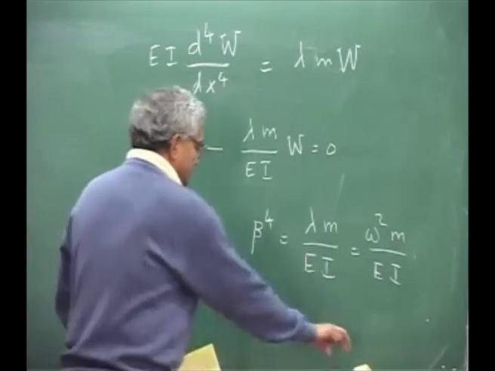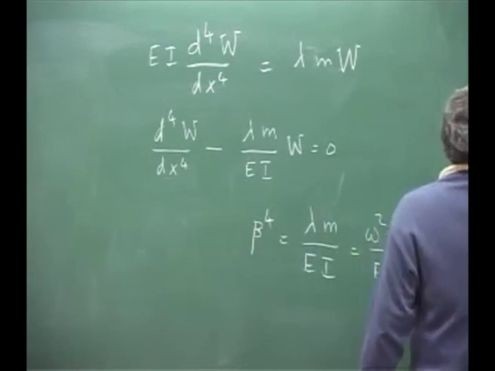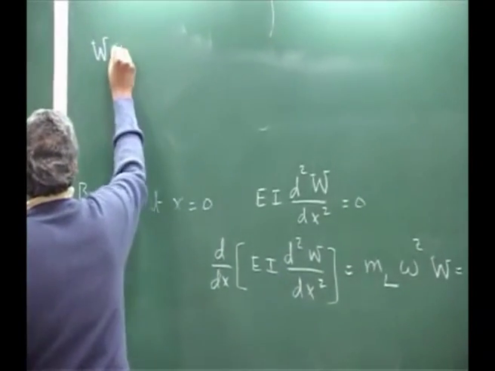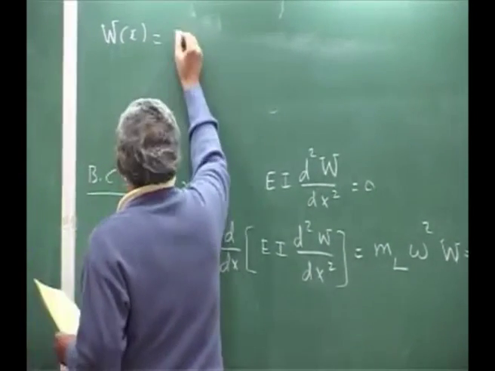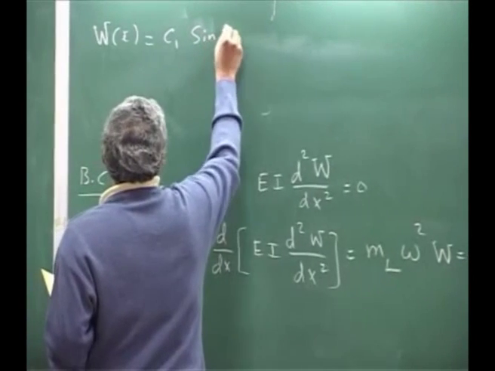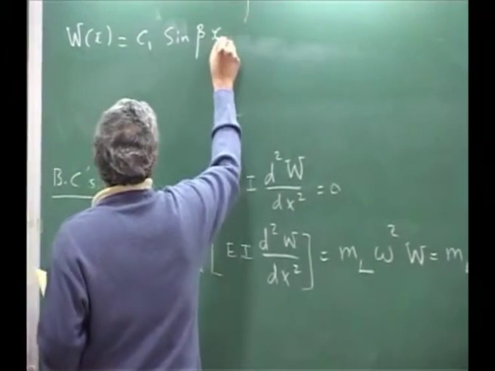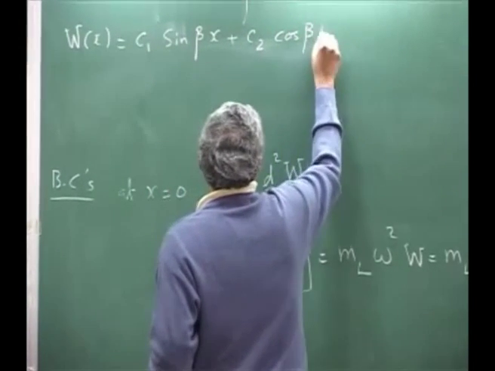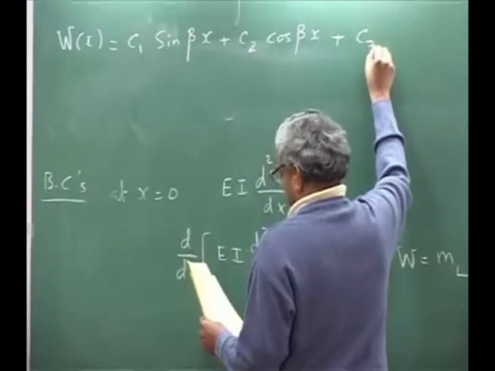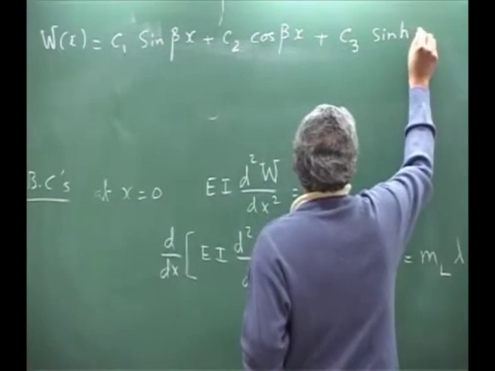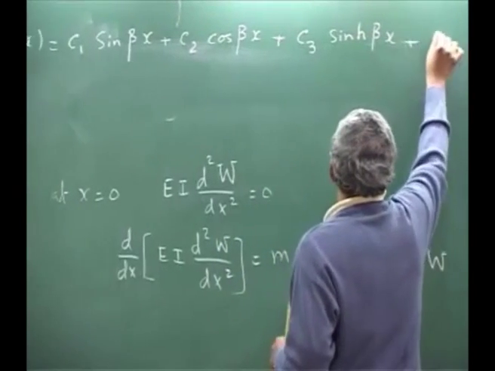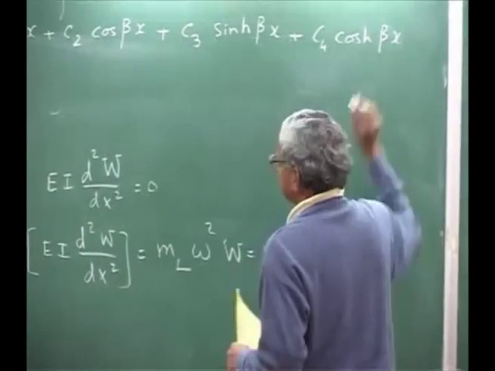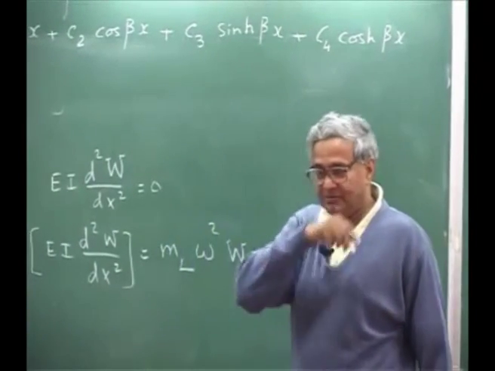You can write the solution as W of x as C1 sine beta x plus C2 cosine beta x plus C3 sine hyperbolic beta x plus C4 cosine hyperbolic beta x.